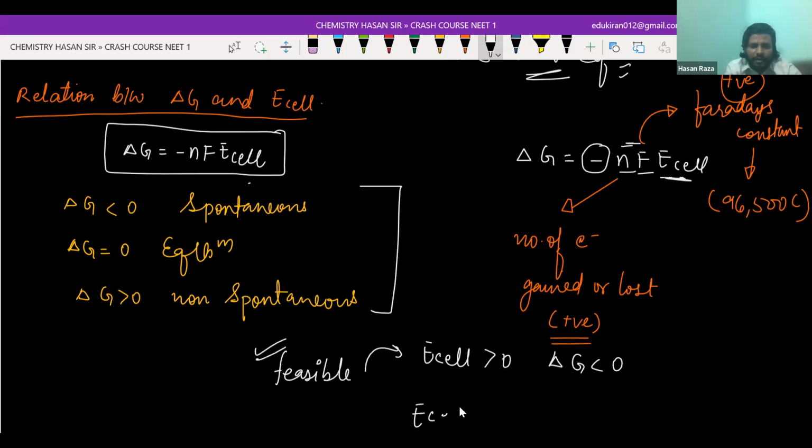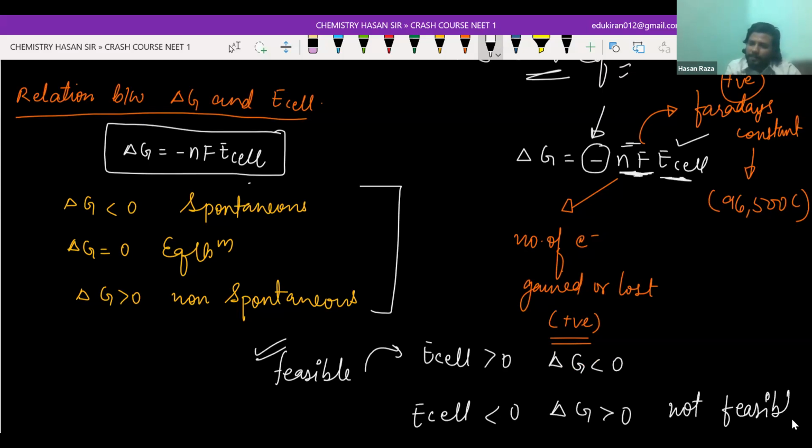And if E cell is negative, while these both are positive, then with the negative already in the formula, delta G is greater than 0 and it will not be feasible, that means not spontaneous. Are you getting my point? Yes or no? Yes, sir.